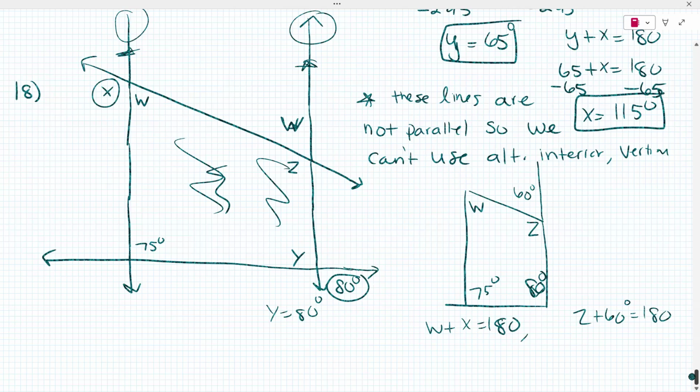So right here, we could solve for Z. If I subtract 60 from both sides, that means Z equals 120 degrees. And what else do we know? If Z is now 120, can we figure out what W is? Because if I find out what W is, I could figure out what X is, right?